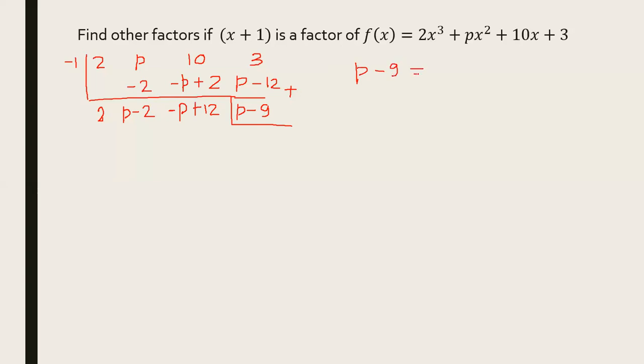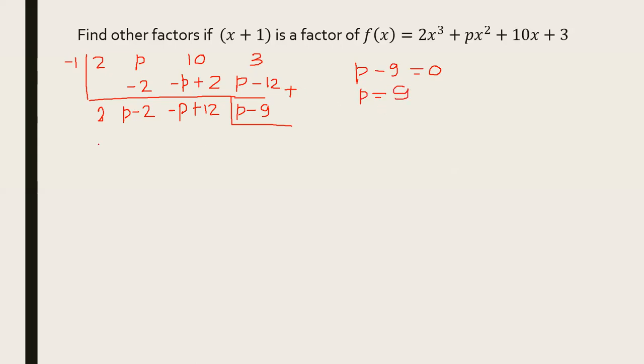So p minus 9 equals 0. Why equals 0? Because recall that if these functions are divided by x plus 1, the remainder is 0, because x plus 1 is a factor of this function. If p minus 9 equals 0, it means p equals 9.